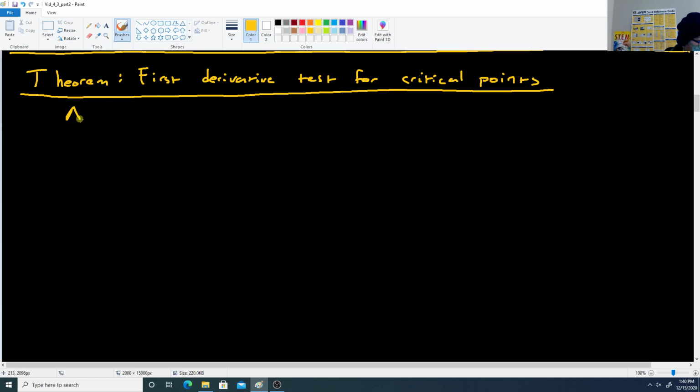So for this theorem, we're going to assume that f of x is differentiable and we're going to let c be a critical point of f of x.